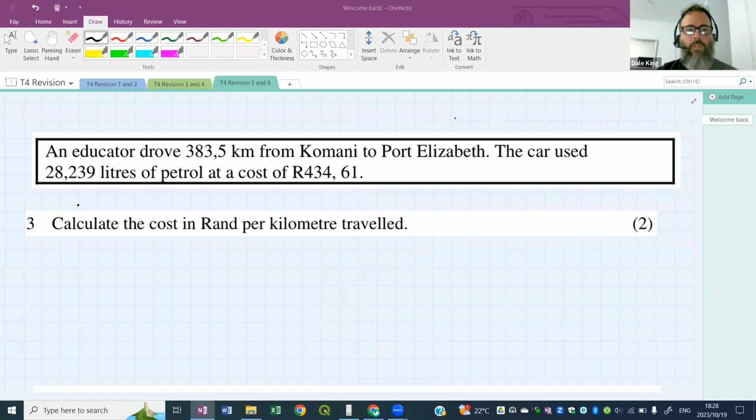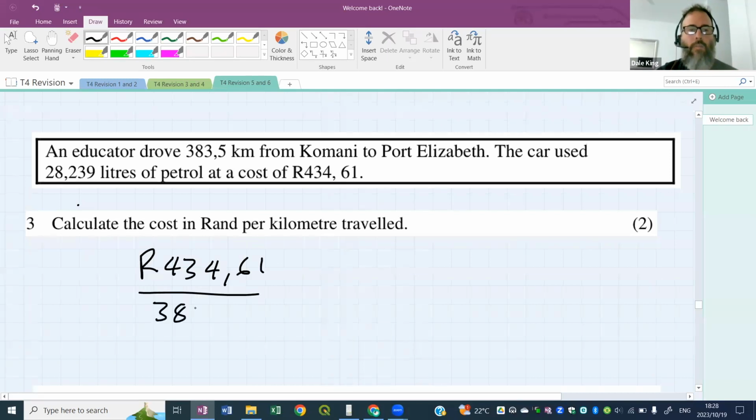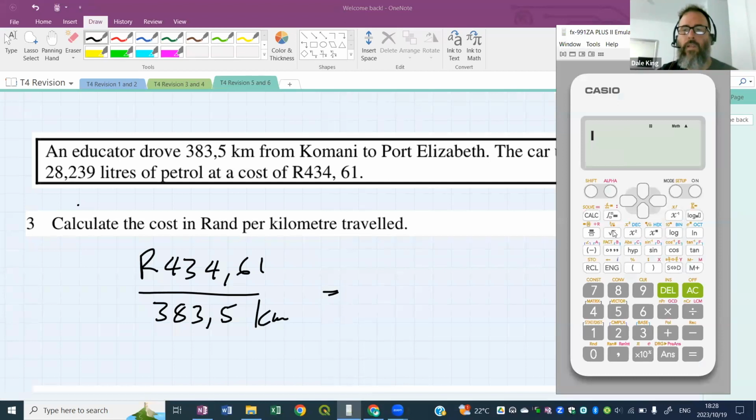Okay, so what we're going to do is we're going to say 434 rand 61. We got this many rands. We want to know how many rands for each kilometer. Well, here they are. This is how many of them we have. So we're going to get our calculator again and put on top 434.61, and underneath, 383.5.